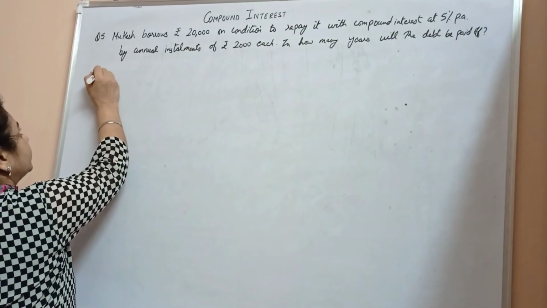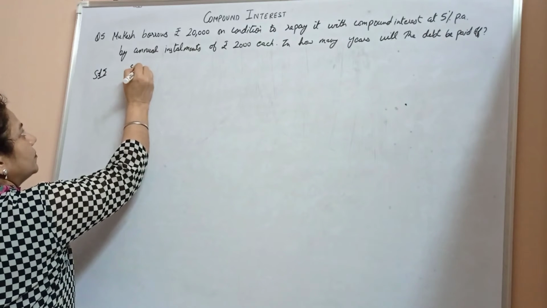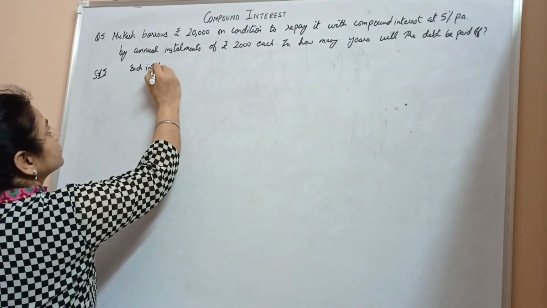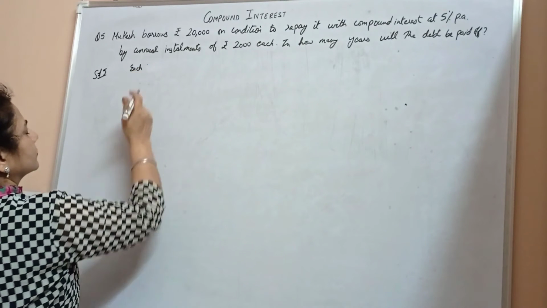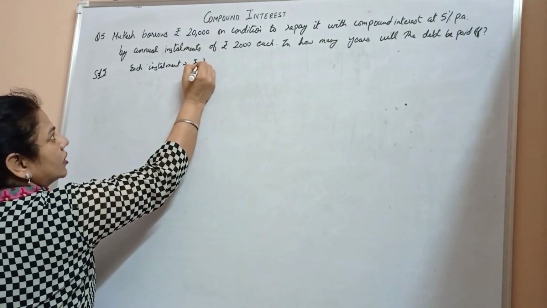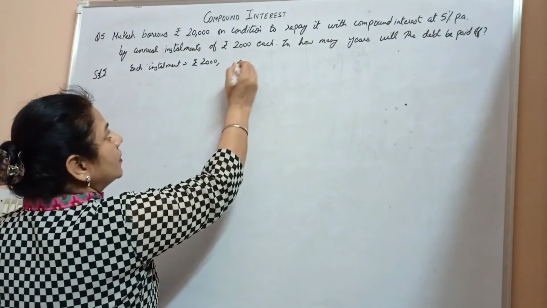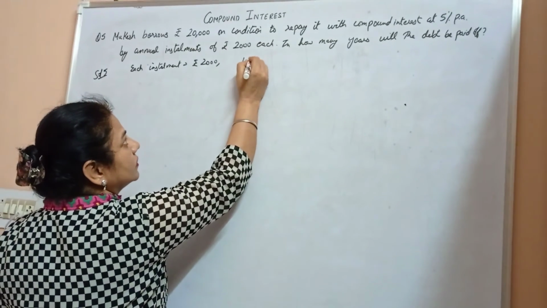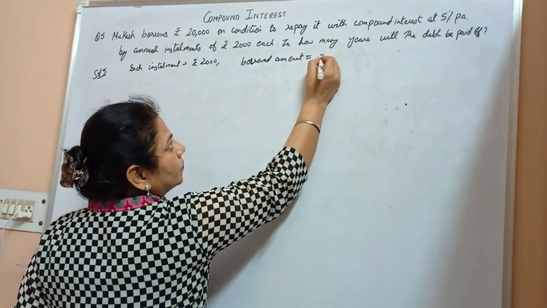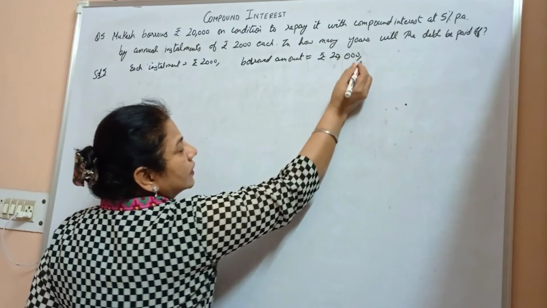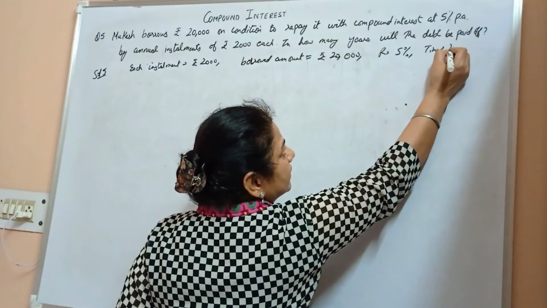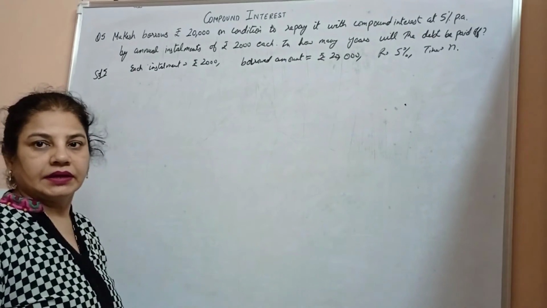So here we will write whatever we know: each installment is rupees 2,000, the borrowed amount is rupees 20,000, the rate of interest is 5%. Time period, let it be n.